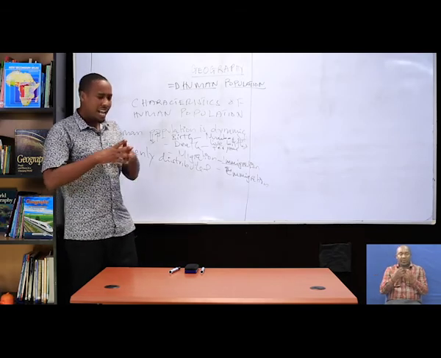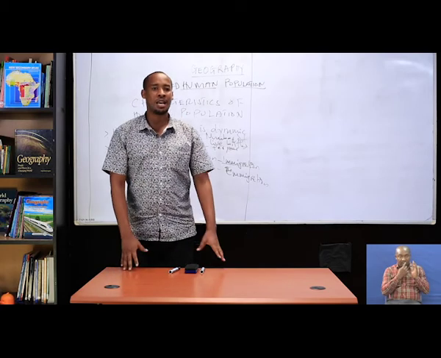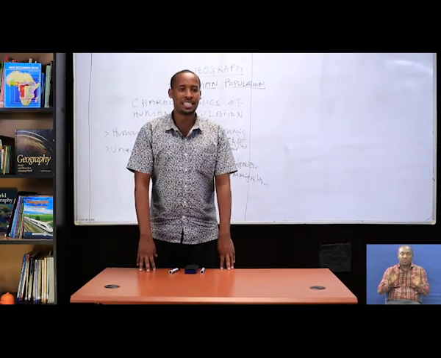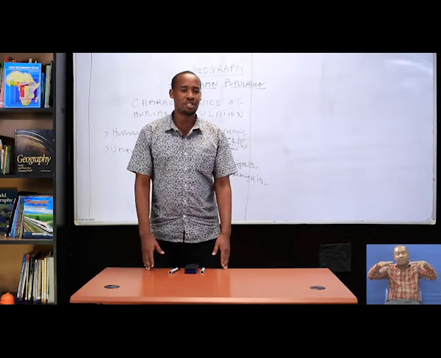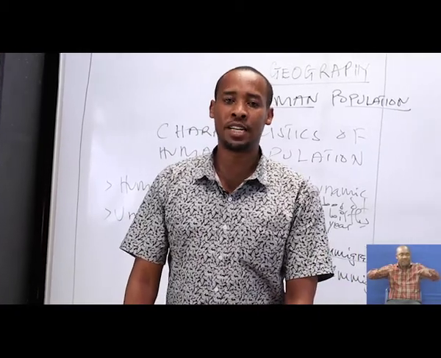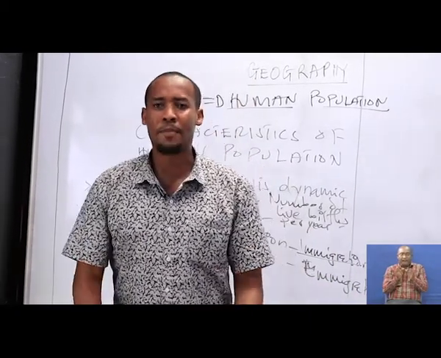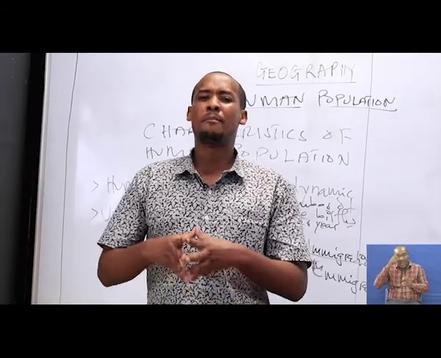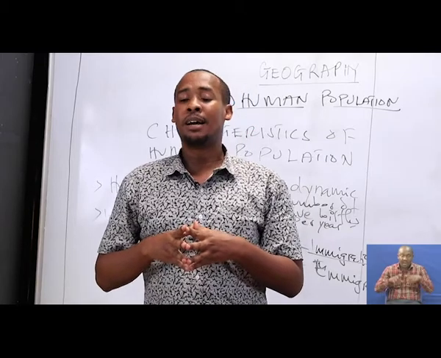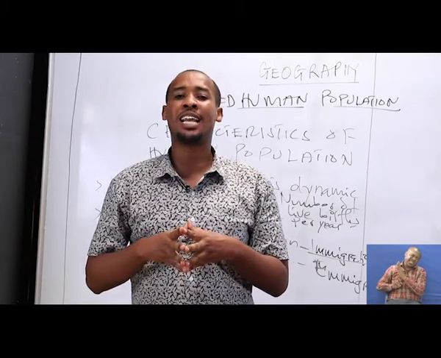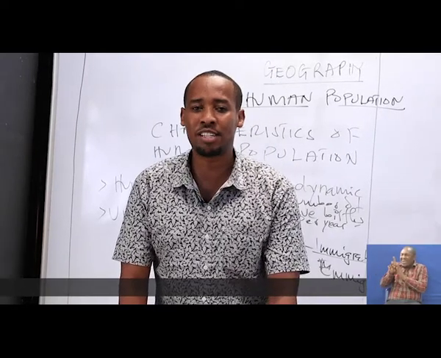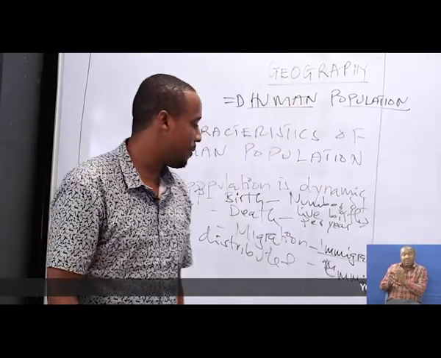For example, areas having favorable climatic conditions through the influence of rainfall and temperatures: areas having high rainfall and moderate temperatures. These contributed to the development of agricultural activities, compared to areas having abnormal conditions, whether excessive temperatures or very low temperatures. This discouraged human settlement as well as livestock keeping.